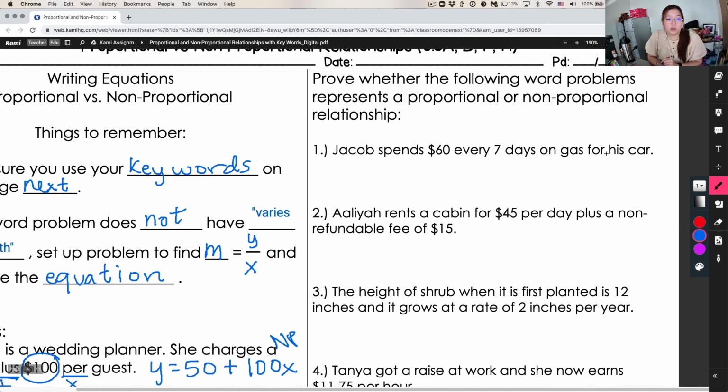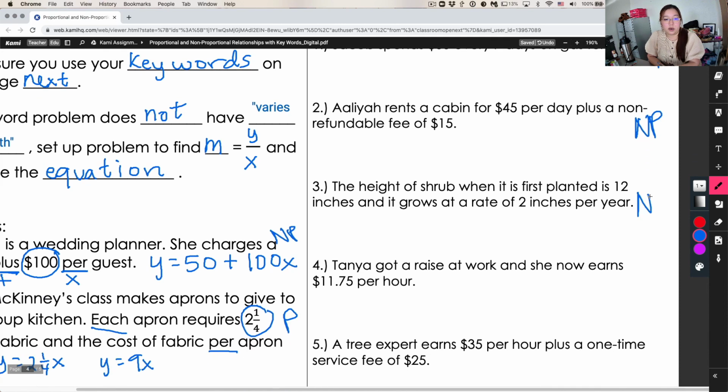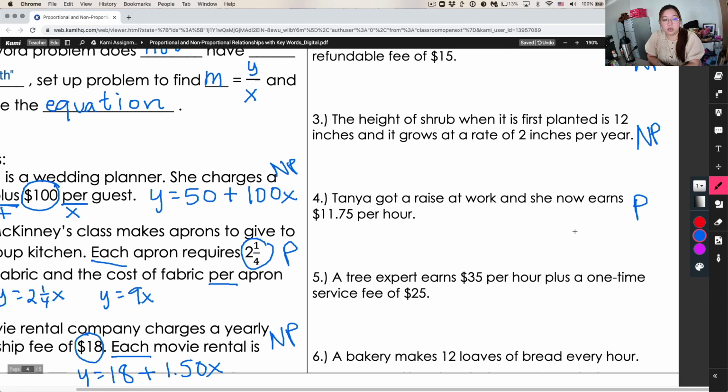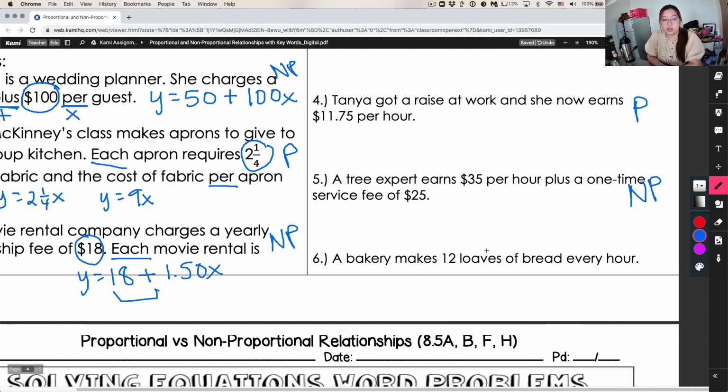All right, number 1 is a proportional relationship. Number 2 is non-proportional. Number 3 is non-proportional. Number 4 is proportional. Number 5 is non-proportional. And number 6 is proportional.